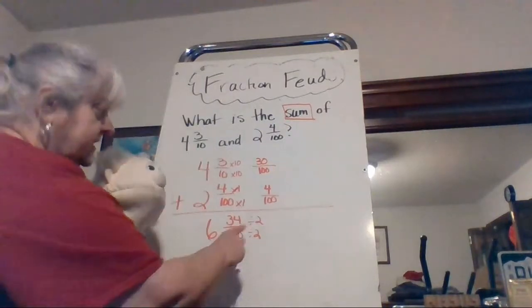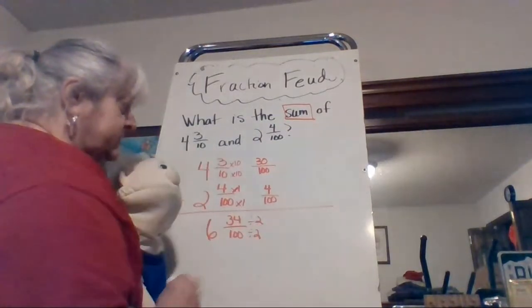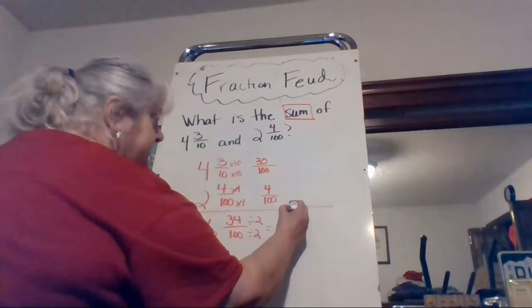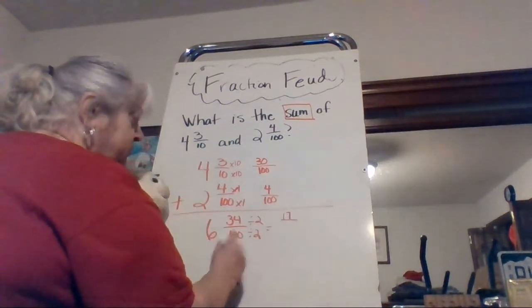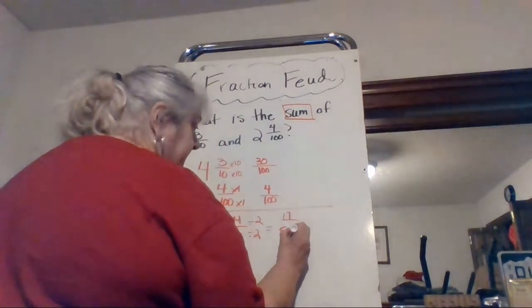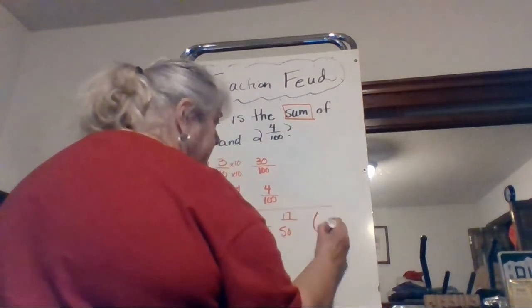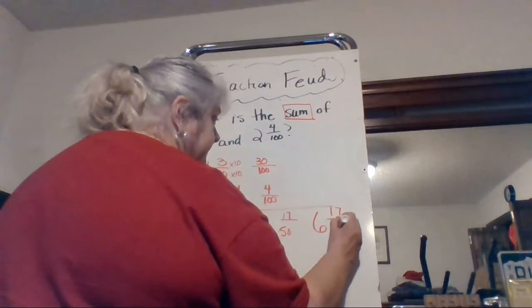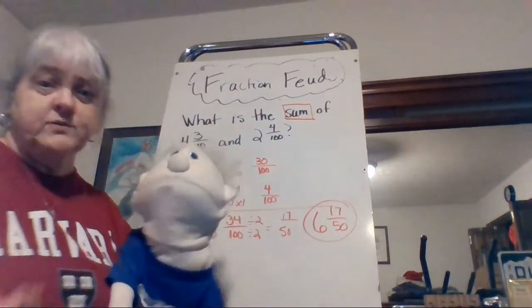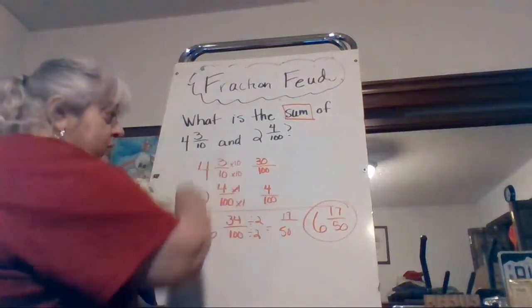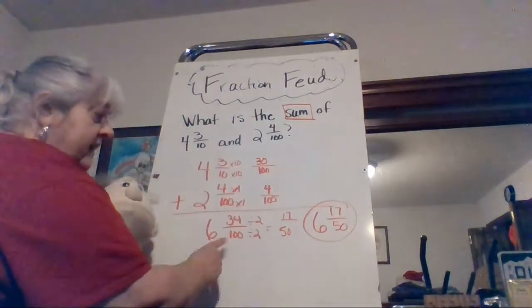So I'm going to be thinking, 2 times what number is 34? And that would be 17. And 2 times what number is 100 would be 50. So the actual real final answer would be 6 17/50.